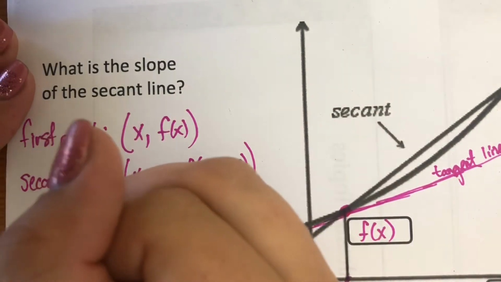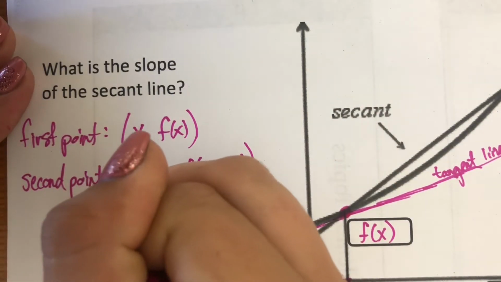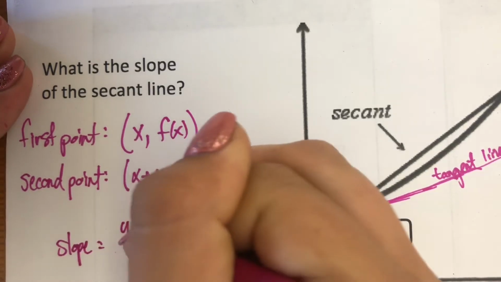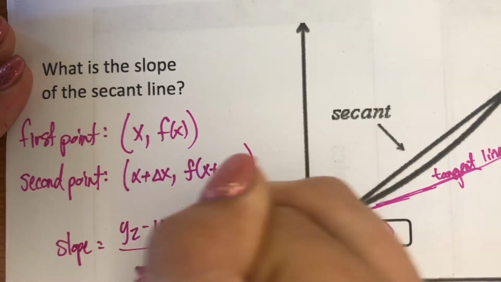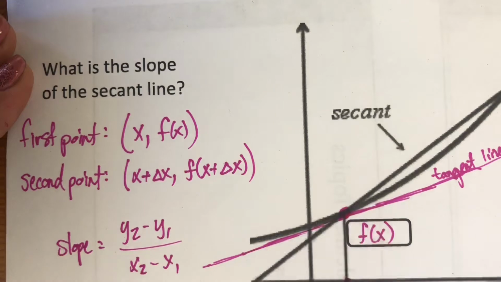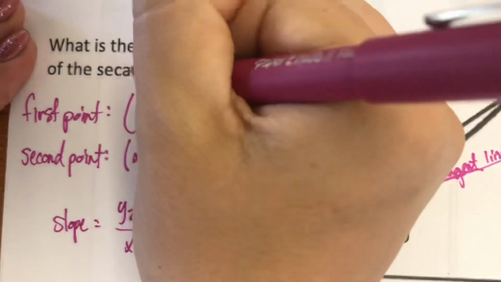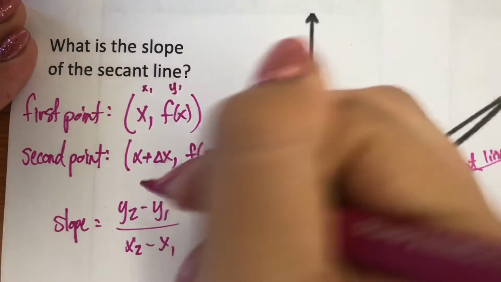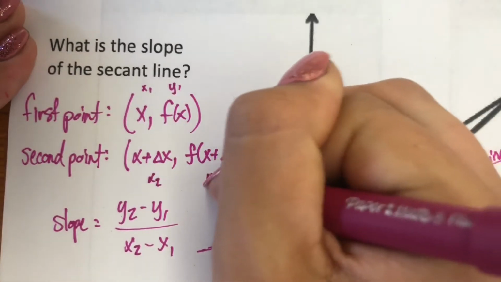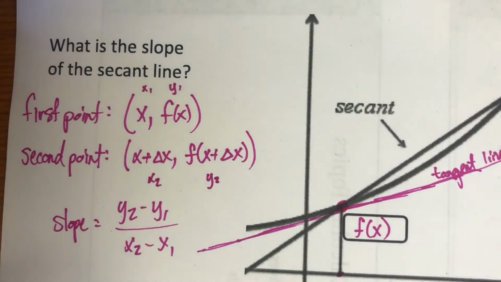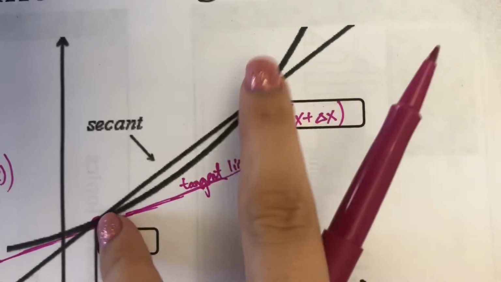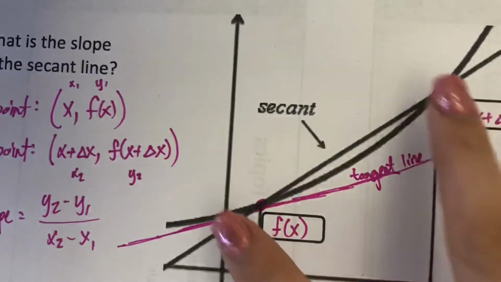So the slope of a line, slope equals y2 minus y1 over x2 minus x1. So like this would be x1, y1, this would be x2, y2. Yeah? Cool. So now, please write for me what the slope of this secant line is, between these 2 points which we've named here.